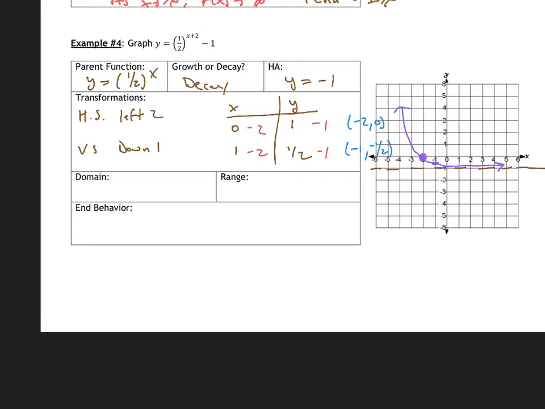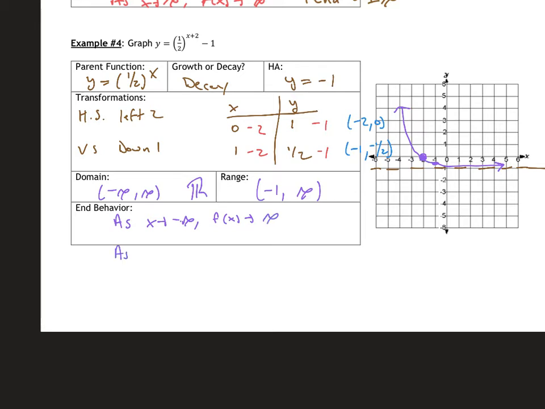You got your domain and range now, so how far left, how far right, so negative infinity or positive infinity, or remember you can do all real numbers. My range, how far down does it go to the horizontal asymptote, so it's -1, how far up, forever. And then your end behavior, as x approaches negative infinity, my left side, it's going up.